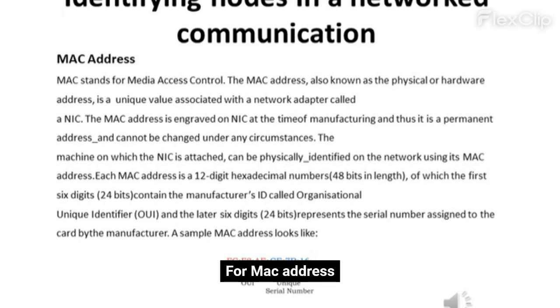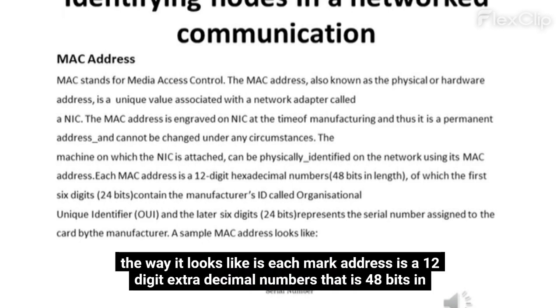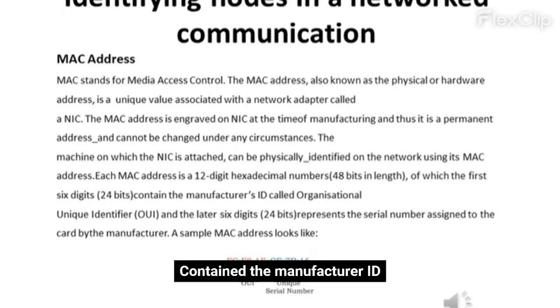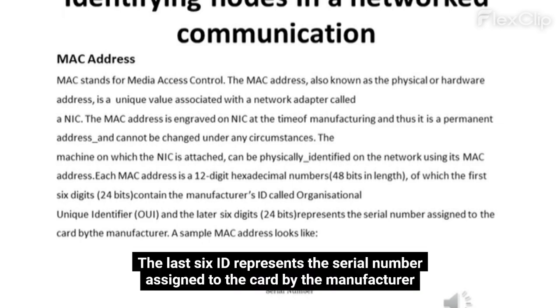As for how a MAC address looks, each MAC address is a 12-digit hexadecimal number, that is 48 bits in length, of which the first six digits contain the manufacturer ID called the organization unique identifier, while the last six digits represent the serial number assigned to the card by the manufacturer.